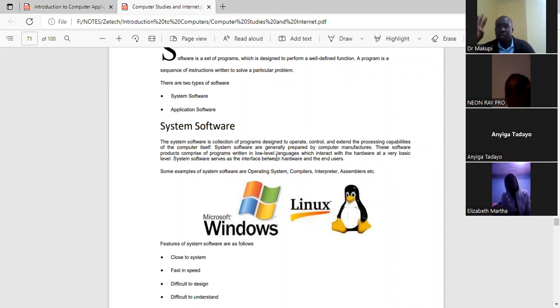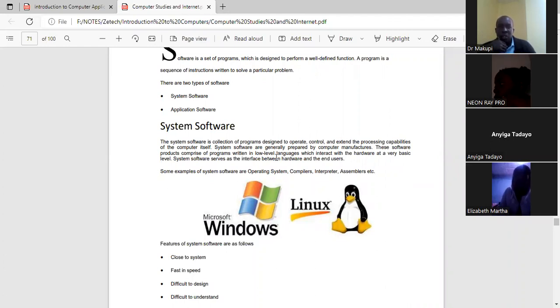So you should be able to have the chronology, the flow from users, applications, operating system, and then the computer hardware. And I said an example of system software is the operating system. So system software is a collection of programs designed to operate, control, and extend the processing capabilities of the computer itself.